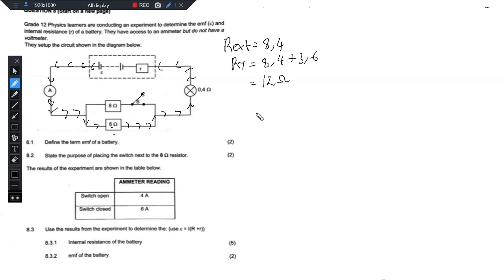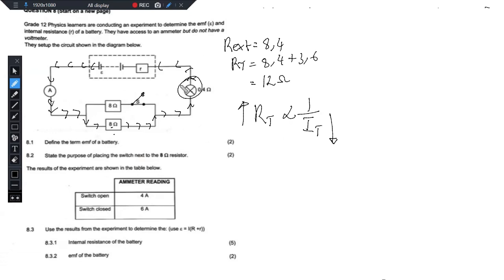So number one is that there's an increase in the R total, but then we know the relationship of the resistance and the current is inversely proportional. So if there's an increase in the total resistance, there is a decrease in the total current.